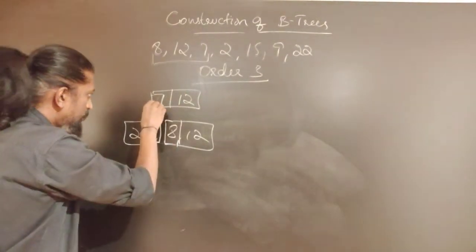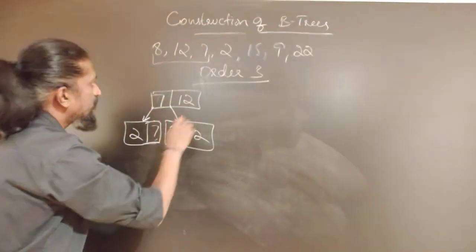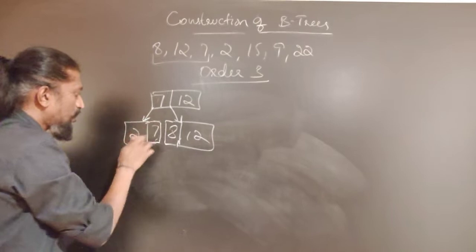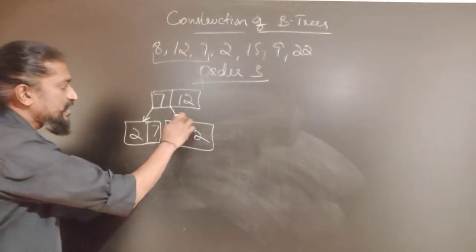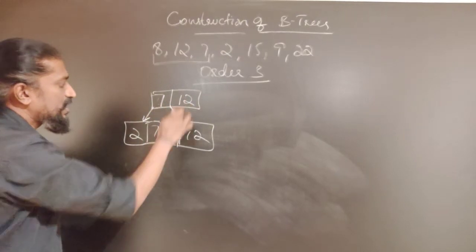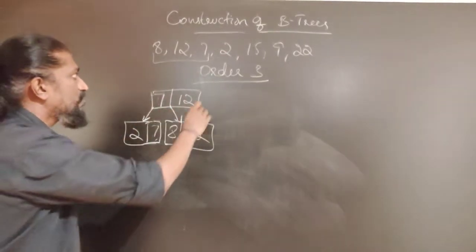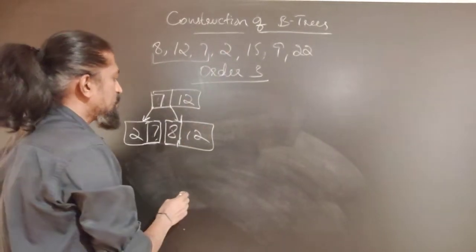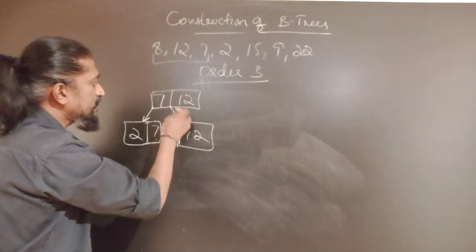So now to the left of 7 we will have a descendant, and we will have this descendant in between 7 and 12. So all the keys present in this node are less than or equal to 7, and the keys present in this node are greater than 7 and less than or equal to 12. So in this particular fashion we continue constructing our B tree. The next key that we have is 15. So 15 is greater than 7 and it is greater than 12 also.